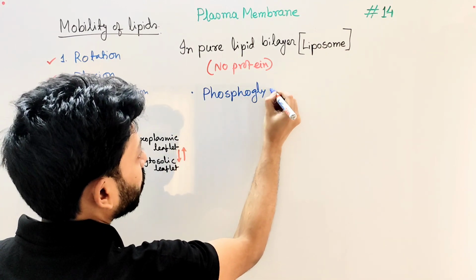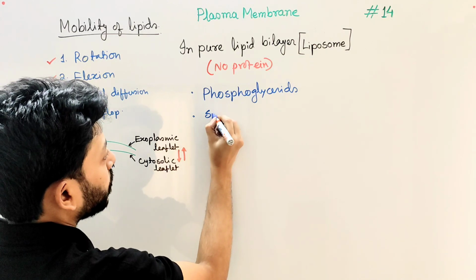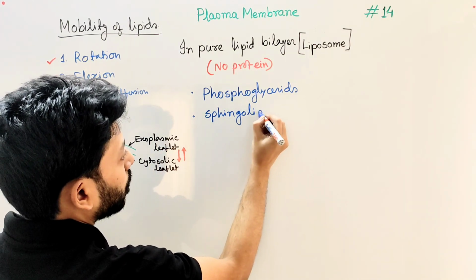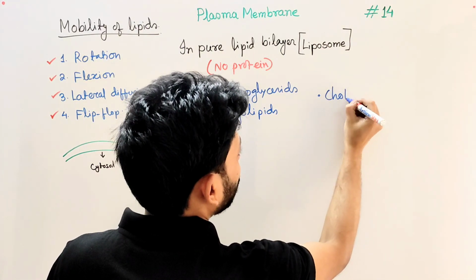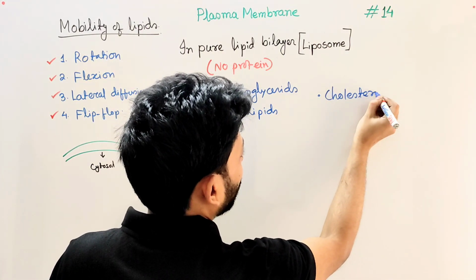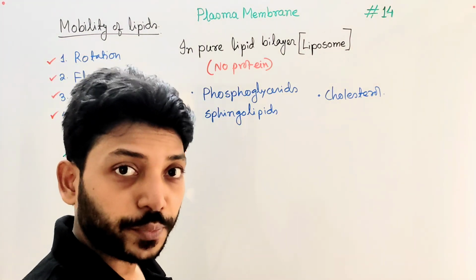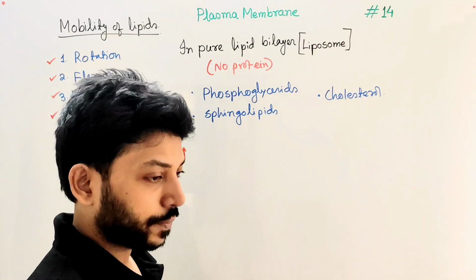Then sphingolipids. And another category is cholesterol. So in the plasma membrane, there are 3 major groups of lipid molecules present: phosphoglycerides, sphingolipids, and cholesterols.